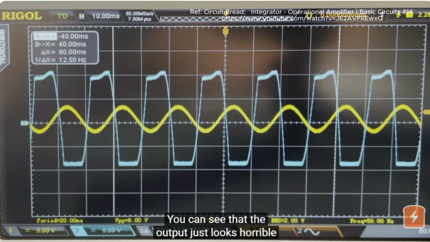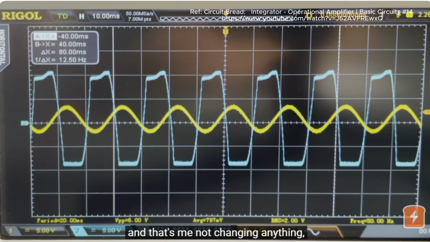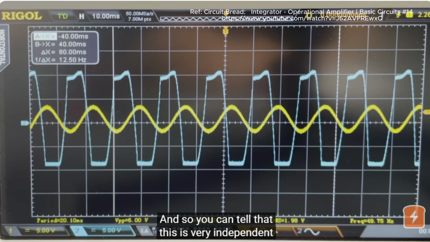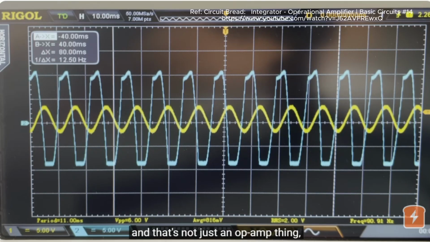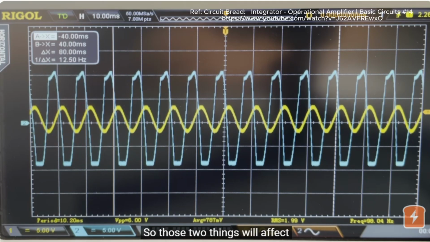You can see that the output just looks horrible, and that's me not changing anything except for the frequency input. So you can tell that this is very dependent, and that's not just an op-amp thing, that's also your feedback resistor and your feedback capacitor relationship. Those two things will affect what your circuit looks like, and you'll have to tweak.